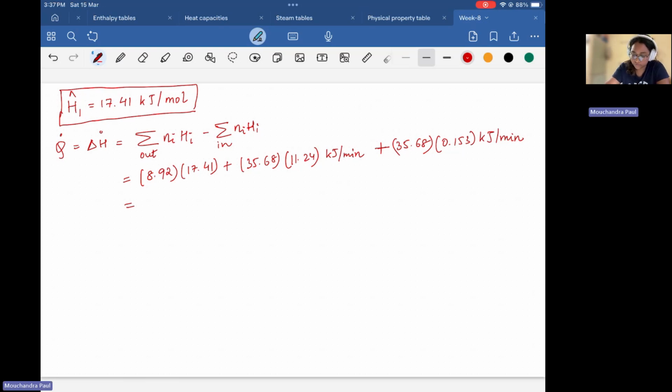Again, allow me a few minutes to put these values in my calculator and get the answer. Should be 961,799.